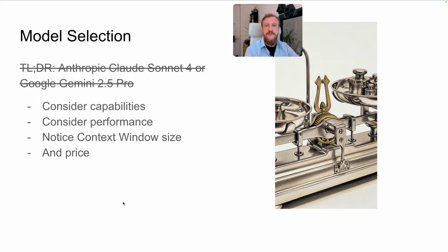Never hurts. Then performance. Some models are fast. Some models are not so fast, but much smarter, wiser. So consider if you need this performance, if you need this wisdom, and then use models differently in different modes.